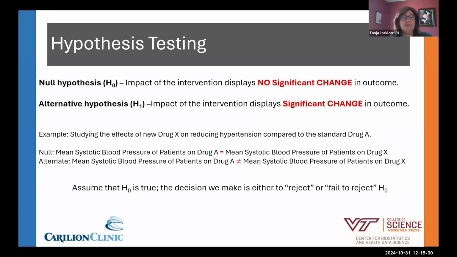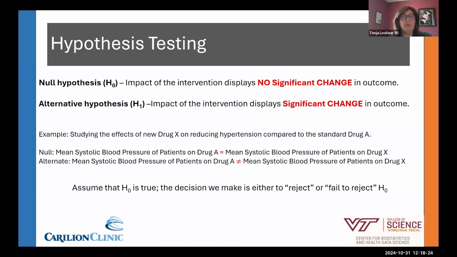There are two different types of looking at this, and we're going to get to that on the next page. But this example shows that the null hypothesis means there's no difference, whereas the alternate hypothesis means that the means of these two different values for systolic blood pressure are not the same.